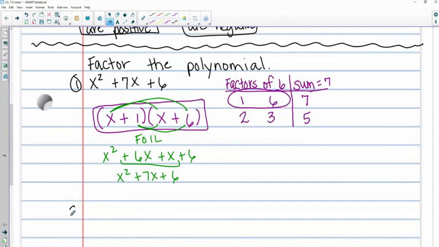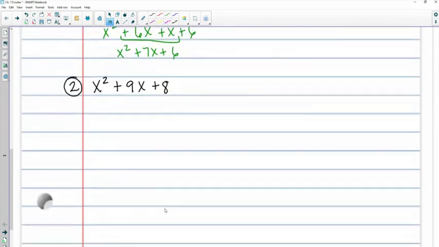Okay, number 2. Number 2, x squared plus 9x plus 8. Okay, so we're going to do our little table over here.